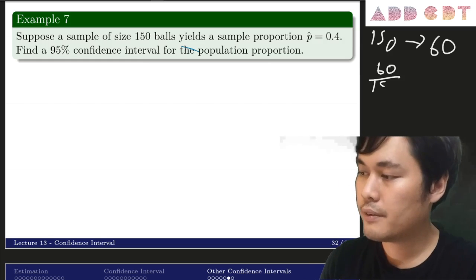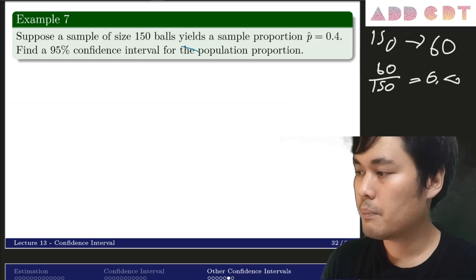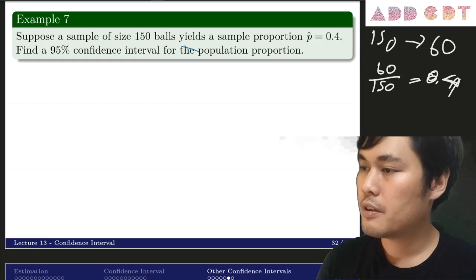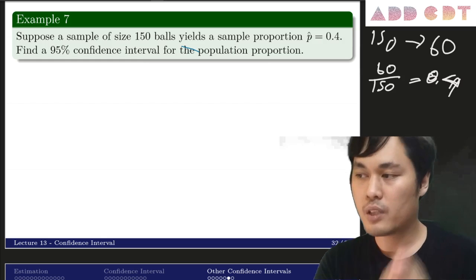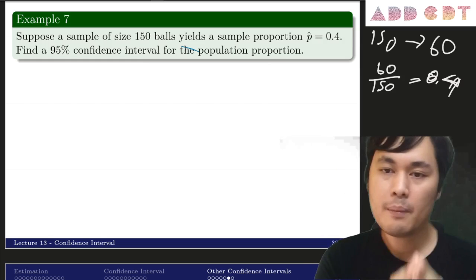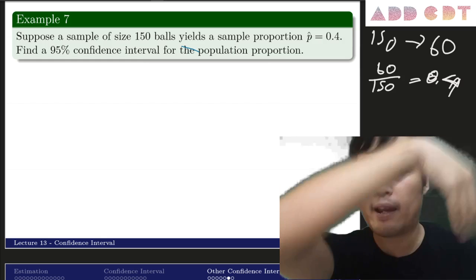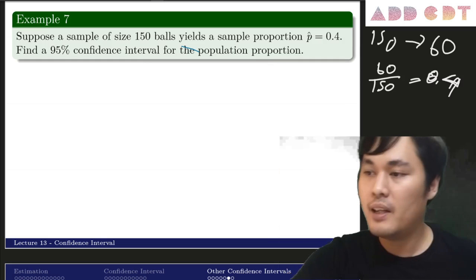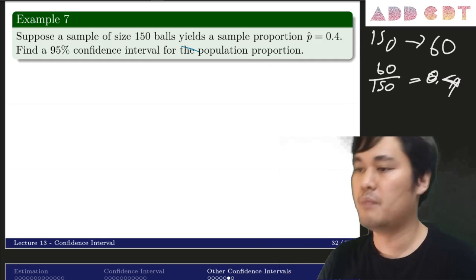And 60 over 150 is pi 4. So from this sample, we see that the proportion is pi 4. What can we say about the actual proportion of the whole bag, the big bag, that might have thousands, 10,000, millions of balls?